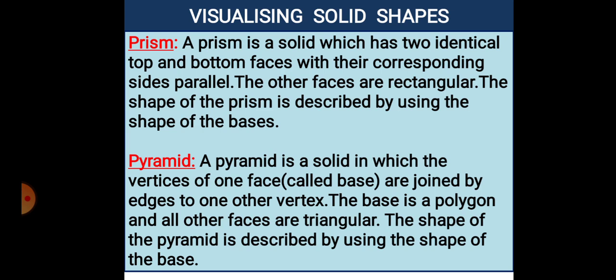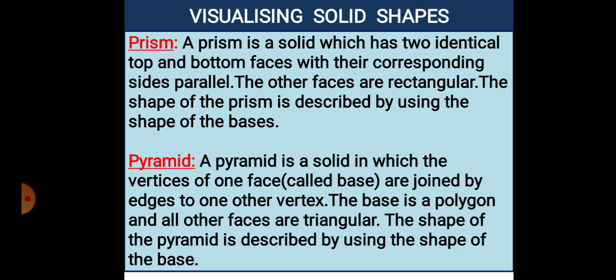Prism. A prism is a solid which has two identical top and bottom faces with their corresponding sides parallel. The other faces are rectangular. The shape of the prism is described by using the shape of the base. It means that if the shape of the base, that is the shape of top and bottom face, is triangle, then that prism is called triangular prism.